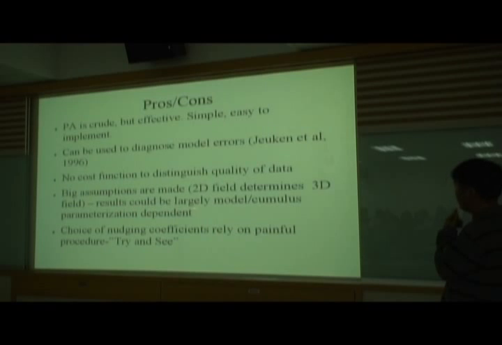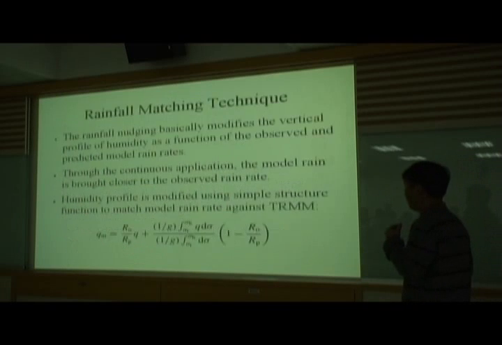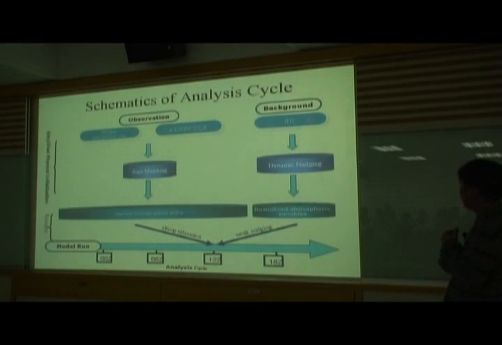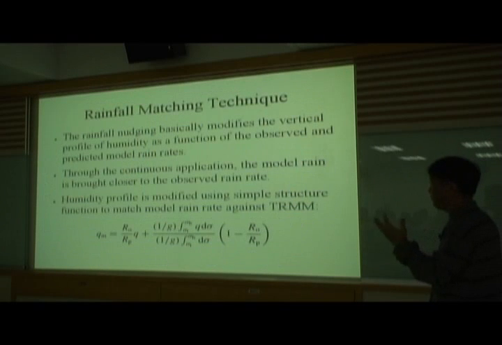So the results could be largely cumulus parameterization dependent. So these are the cons. Choice of nudging coefficient should rely on a painful procedure: try and see. We have to nudge the background using dynamic nudging, so we have to make a sensitivity test to provide a proper background. So it's a very painful test.